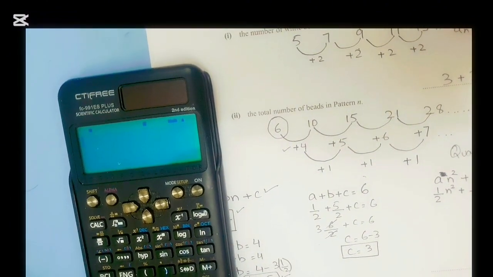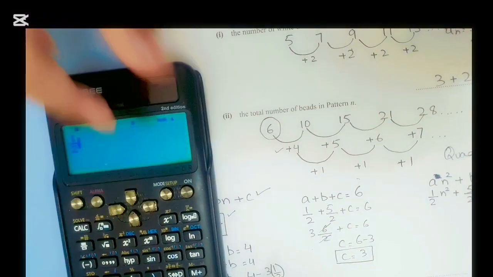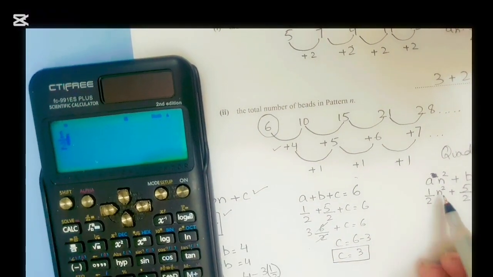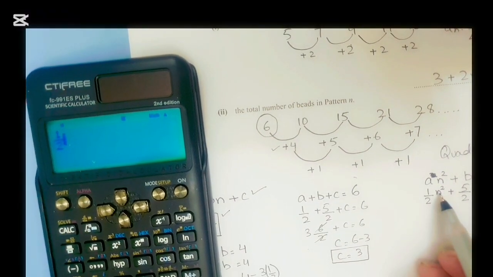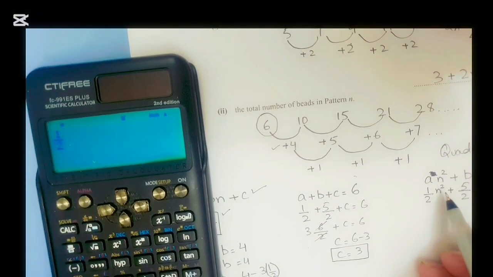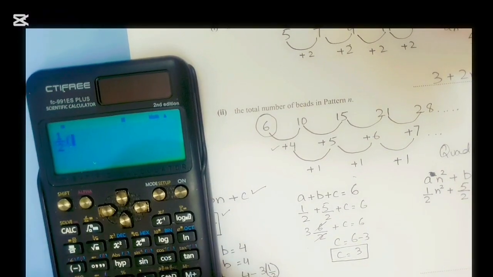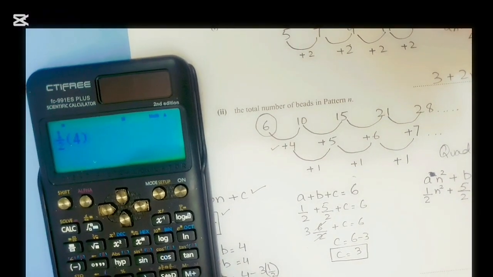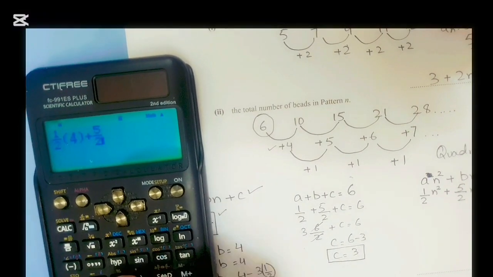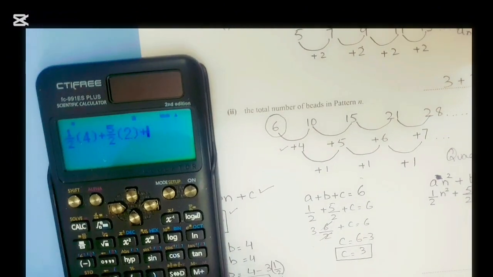So 1 upon 2 plus 1 upon 2, and now the value of 2 times 2 is 4, because we are taking the second pattern. So 2 times 2 is 4, so I am writing 4 in the bracket plus 5 upon 2, and now again writing 2 in the bracket plus 3.